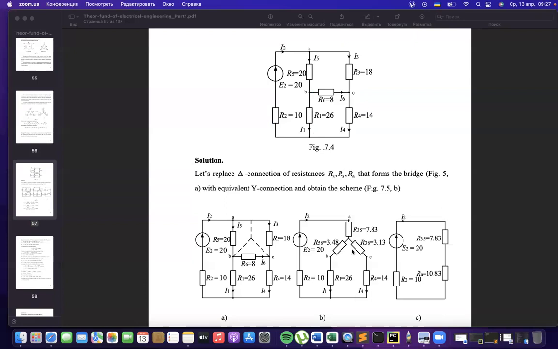And if we are speaking about delta connection, you have two types of delta connection here. The first connection, like this, with points A, B, C. And the second type of delta connection is here.